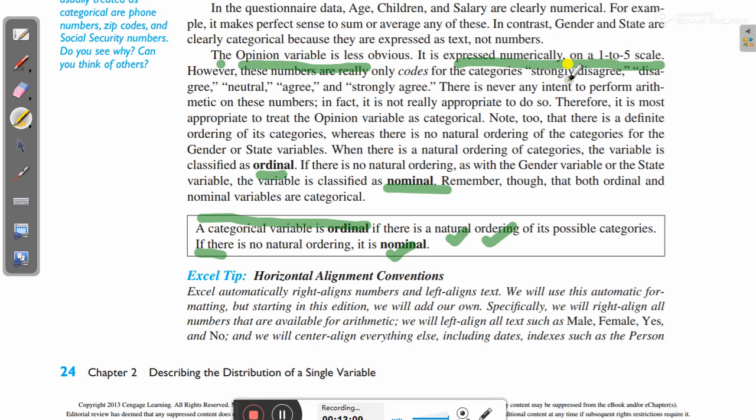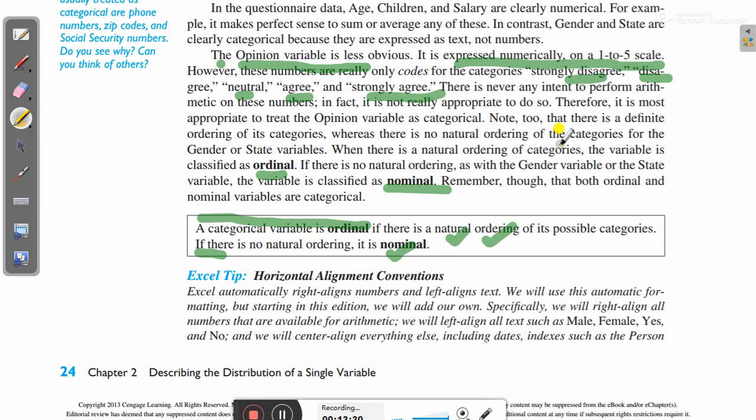If we say strongly disagree, disagree, neutral, agree, strongly agree, then we can number it as 1 to 5. Then this category of variable can be nominal.